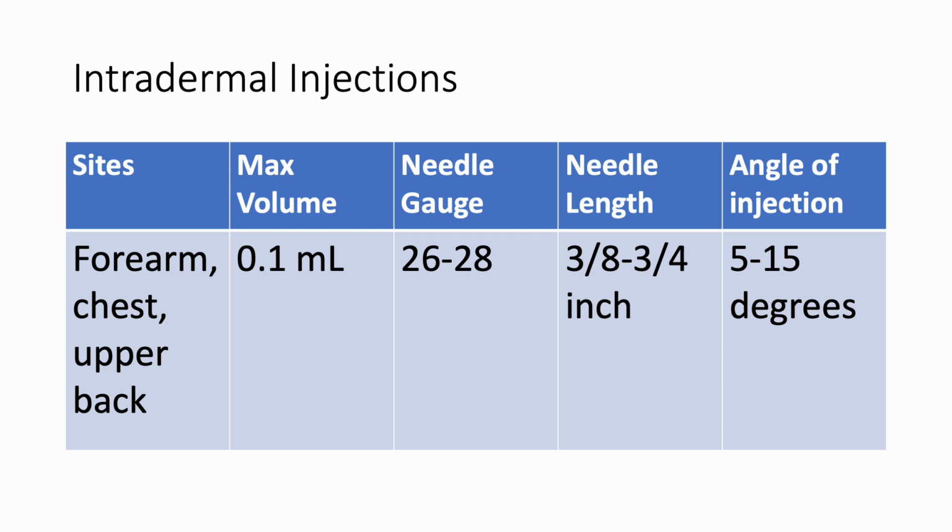That's why it's used for allergy testing or tuberculosis, because we're looking for a skin reaction, right? So if the body absorbs the medication, we're not going to see a skin reaction. So apply no pressure. If you have to get rid of blood, we want to just very gently dab the blood away from the site.